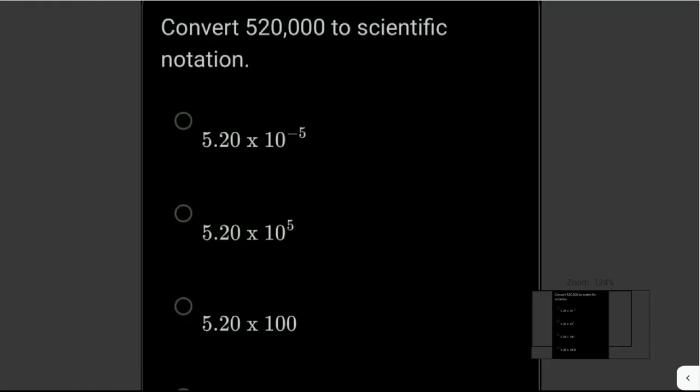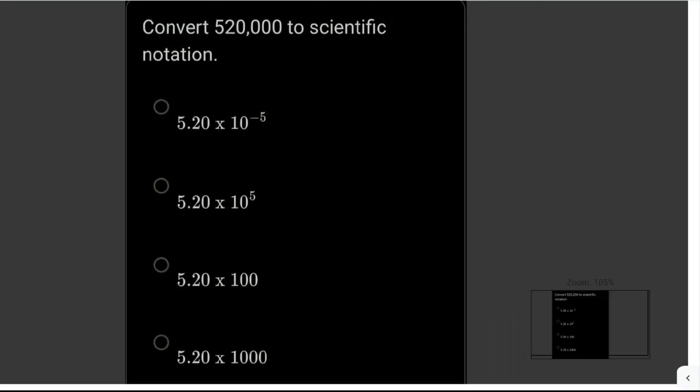Convert 520,000 to scientific notation. So how do we convert large numbers into scientific notation? When dealing with very large or very small numbers, computing is made easier by writing these numbers in scientific notation. A number written in this format has two parts, which are the decimal part and the exponent part.